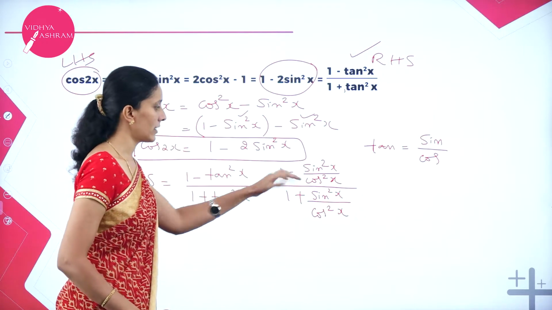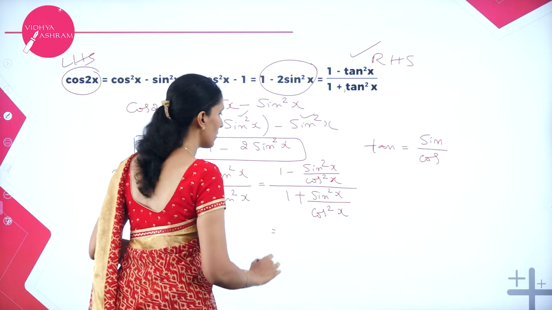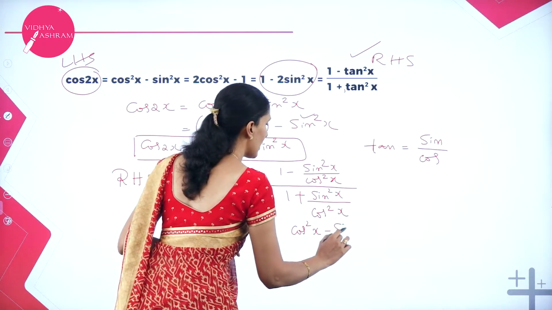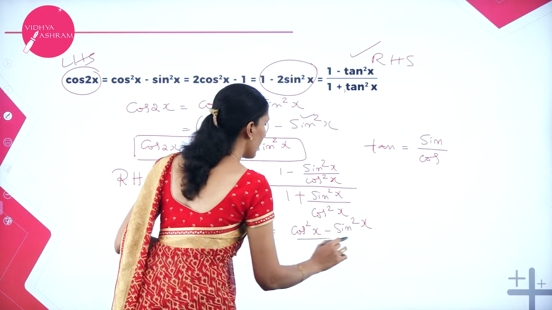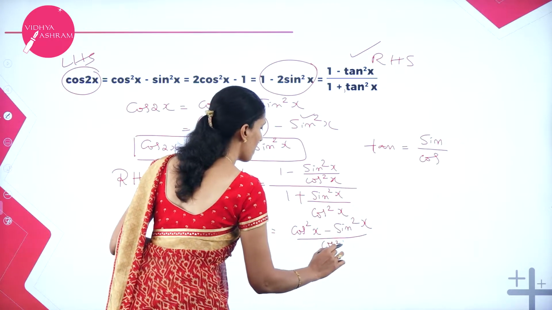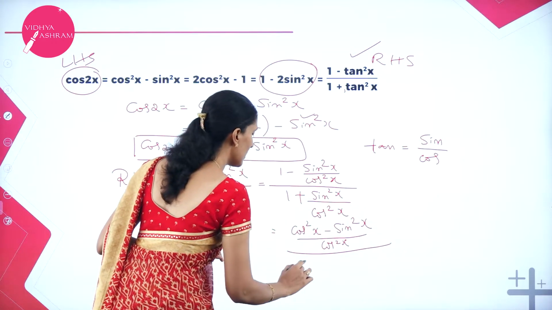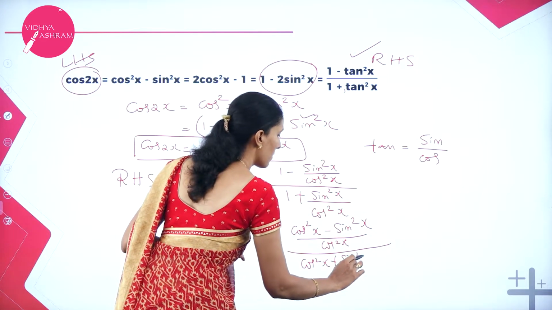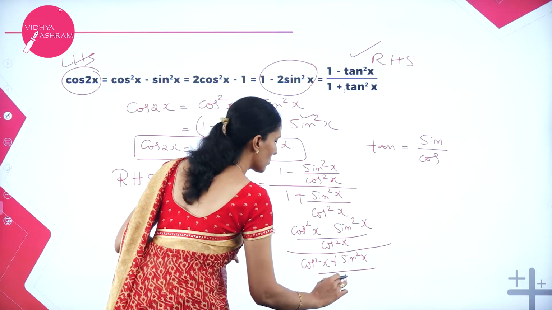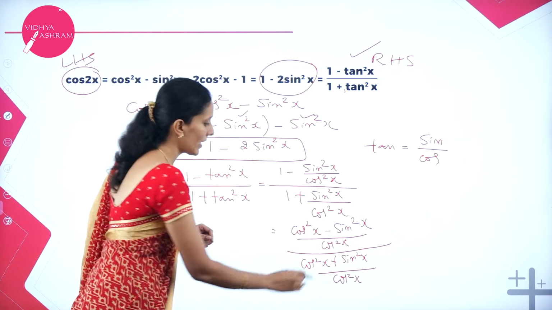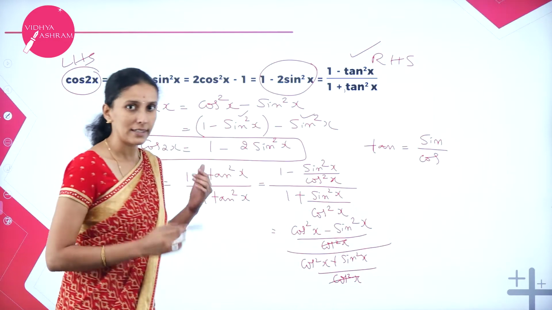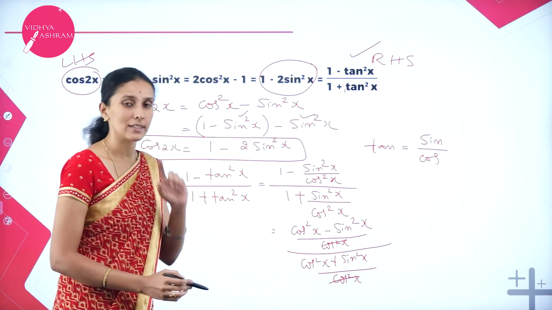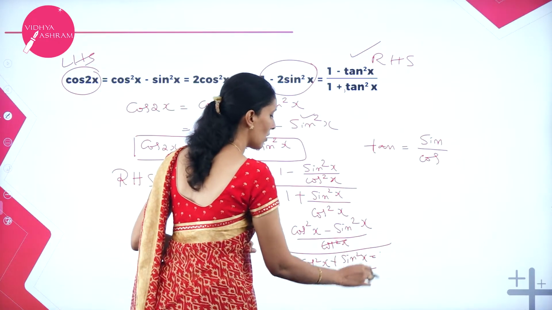On evaluating this numerator and denominator in terms of fractions, we will get cos square x minus sine square x, whole divided by cos square x, whole divided by, this is cos square x plus sine square x, whole divided by cos square x. We can cancel the denominator because it has the same denominator. And what is this actually? Your cos square x plus sine square x, the value is 1.